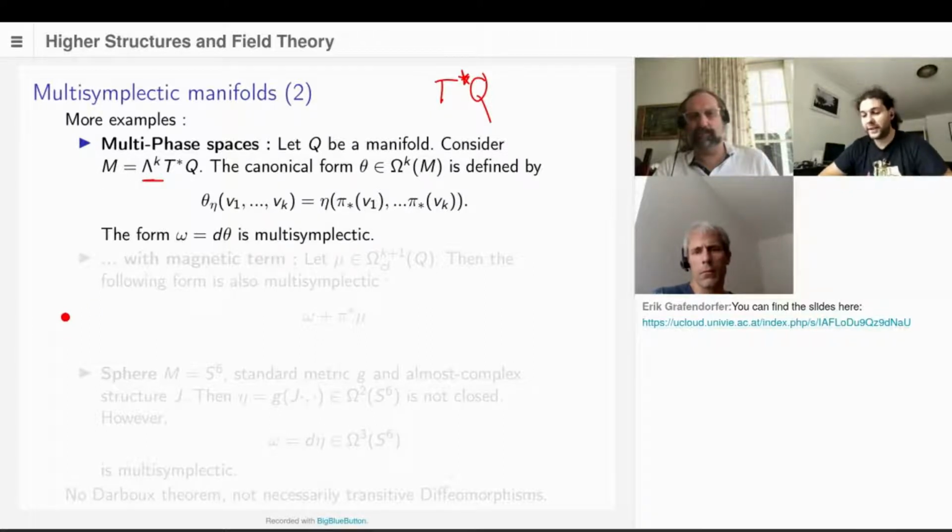And on it, we can define a canonical form exactly in the same way as we had defined the one form on the cotangent bundle. In local coordinates, we should think as follows.